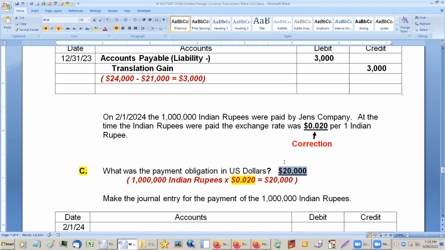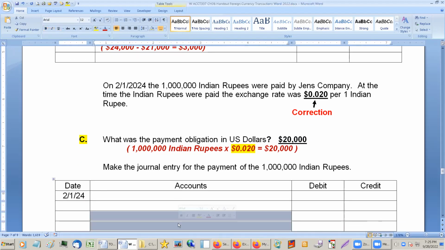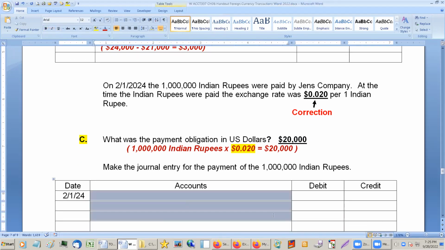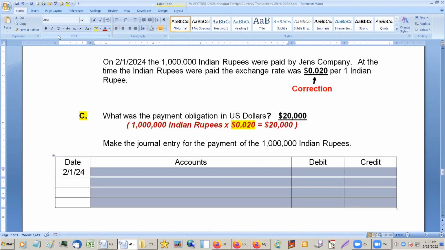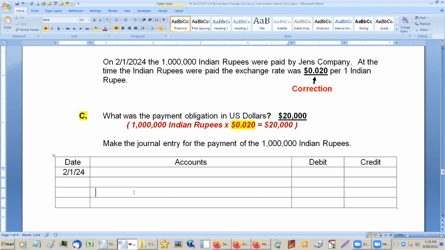So we're going to take $20,000 and go buy 1,000,000 rupees with it. So our cash, $20,000, we went and bought the 1,000,000 rupees.